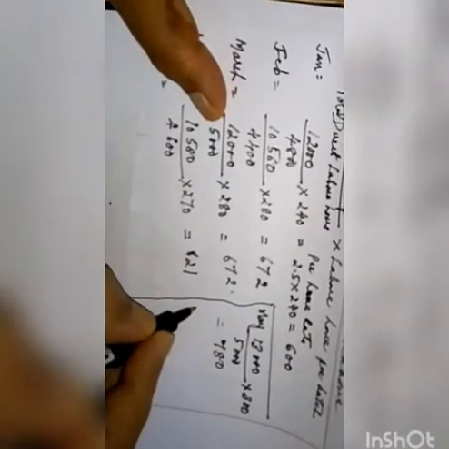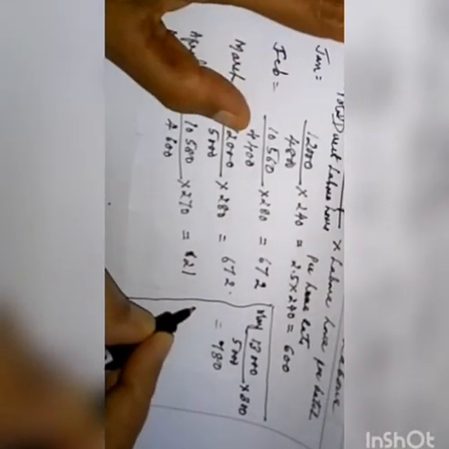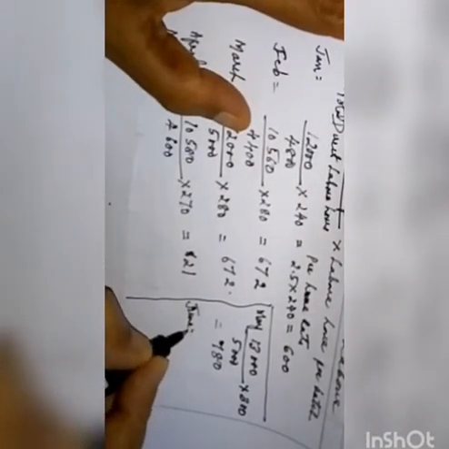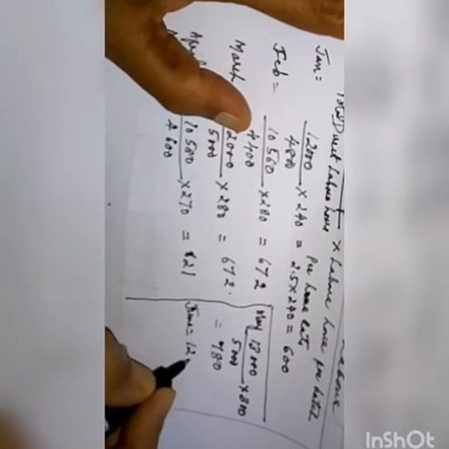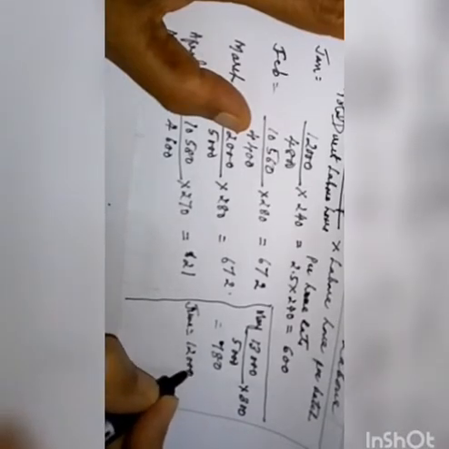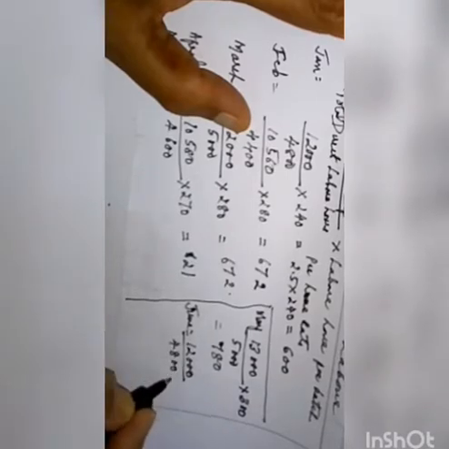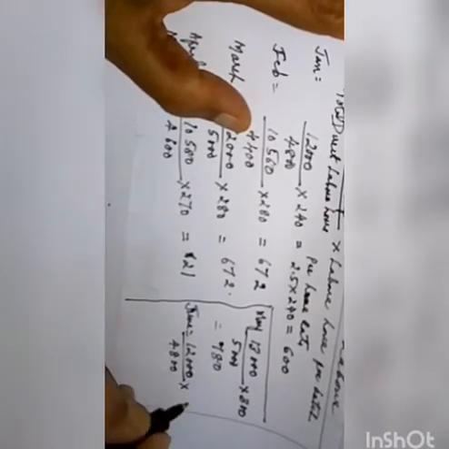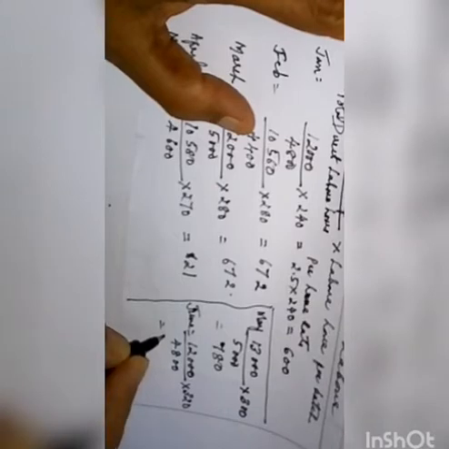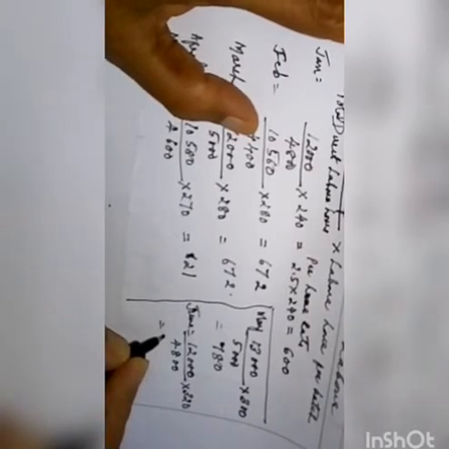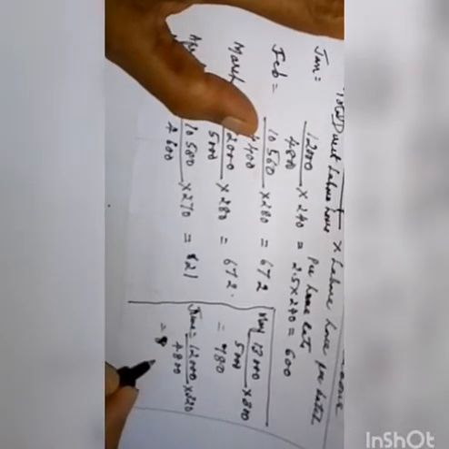And last June month, chargeable expenses 12,000 divided by total number of hours worked 4,800 into 320 per batch number of hours. And for June month, the total chargeable expenses comes to 800.